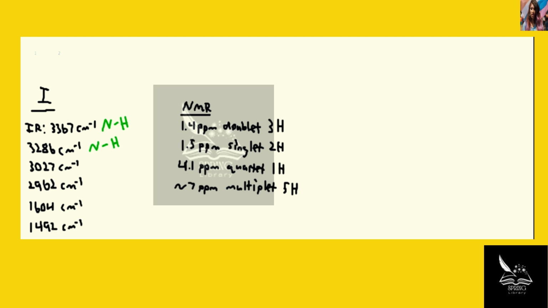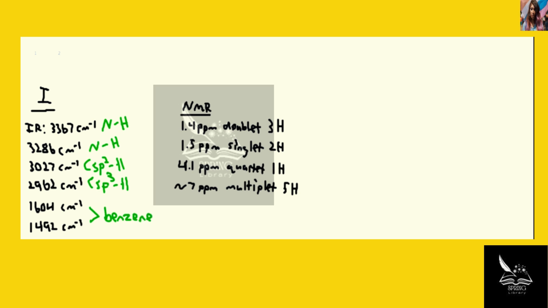At 3027, that's going to be an sp2 hybridized carbon, C-sp2. At 2962, that's a C-sp3, and then the last 2 signals again are due to the presence of an aromatic ring.